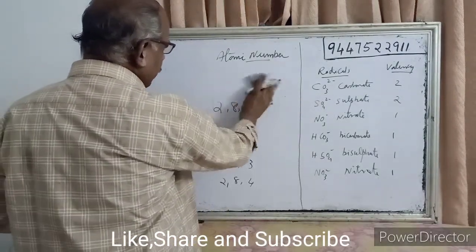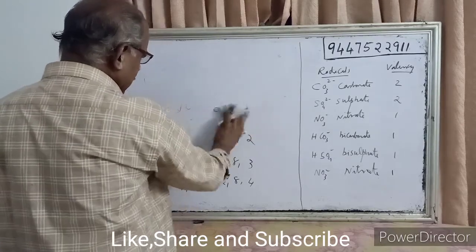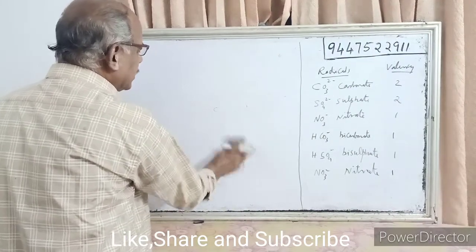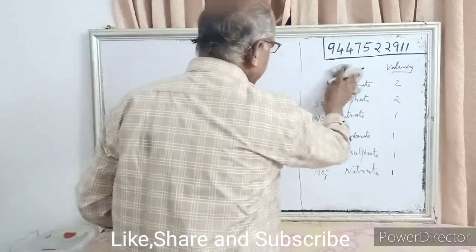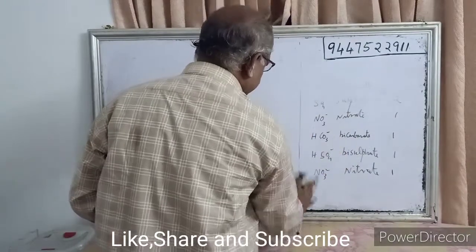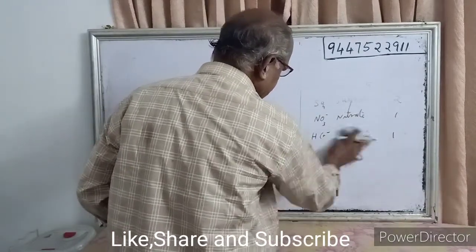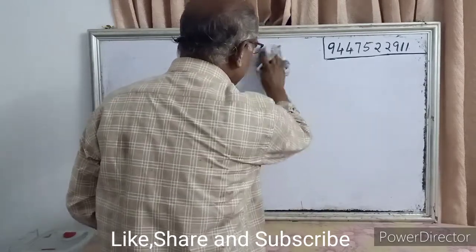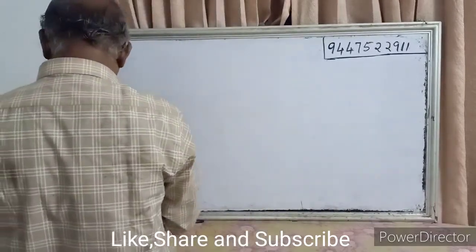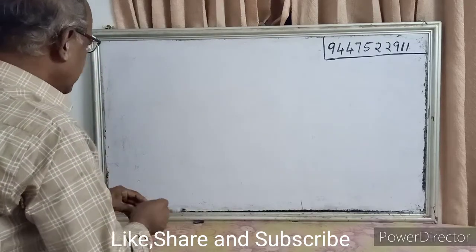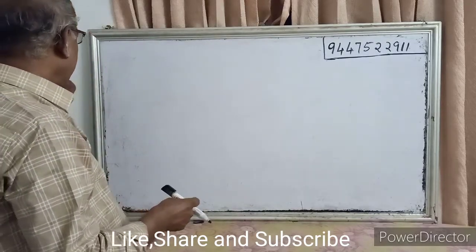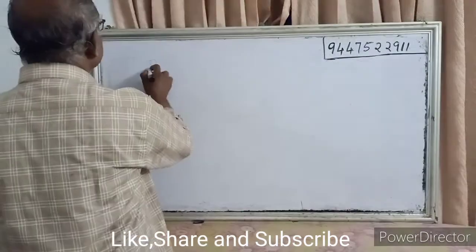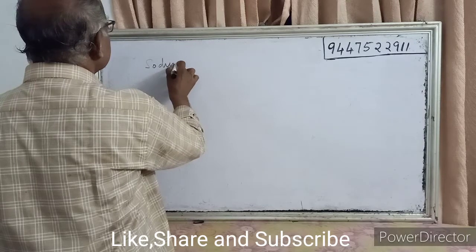After knowing the symbol and valency, you can write the formula of the compound. So next is the method to write the formula of compounds. Can you write the formula if you know the symbol and valency? Let us look, for example, at sodium chloride.